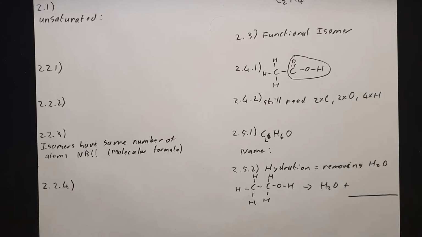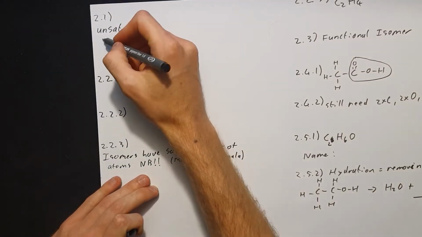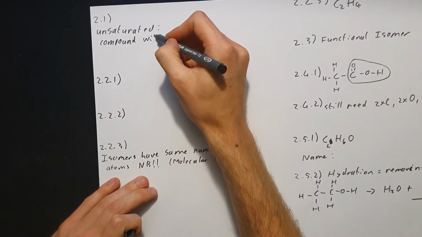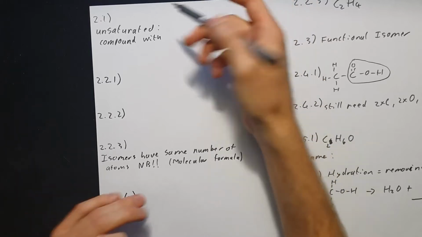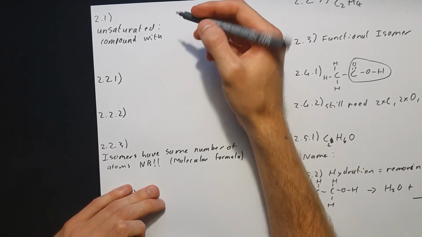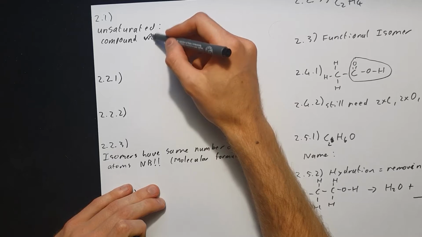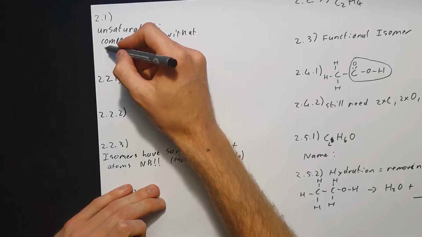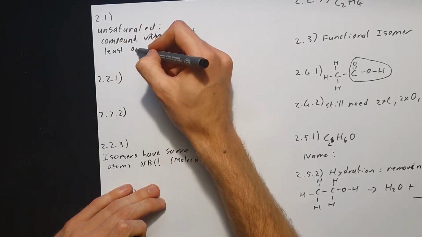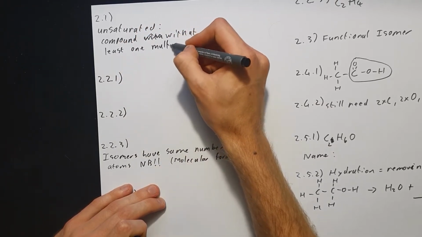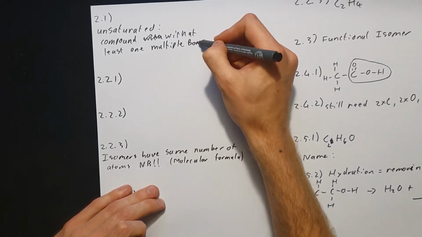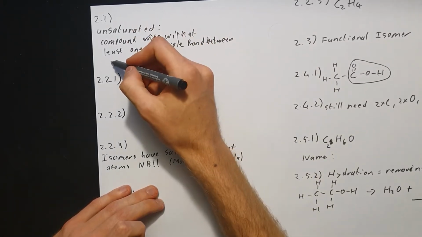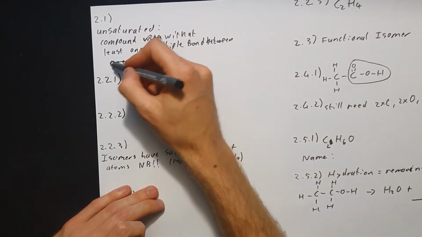An unsaturated compound is a compound with at least one multiple bond between two carbons.